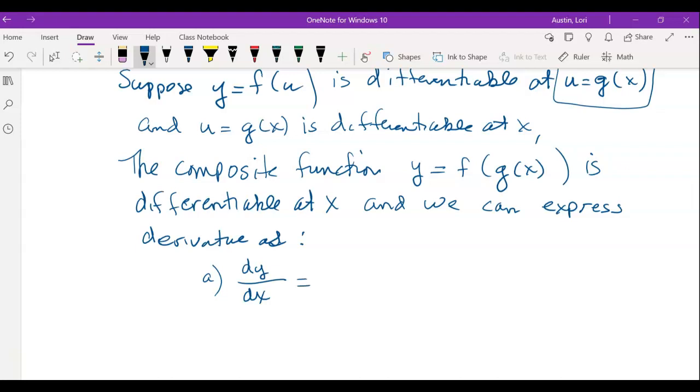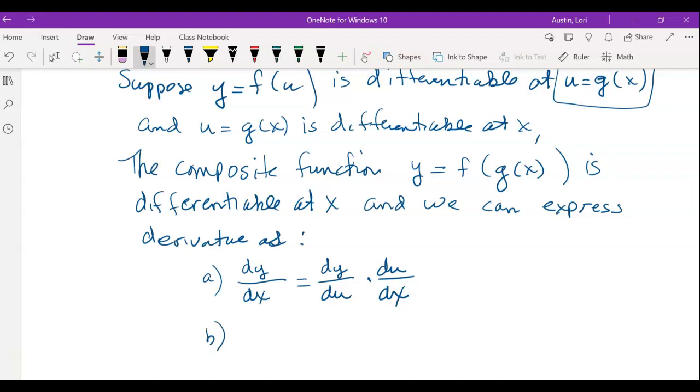What that means is I'm going to take the derivative of y in relation to u, and multiply it by the derivative of u in relation to x. Okay, so these are just notations you're going to get used to. These are the exact same thing, just a different notation.